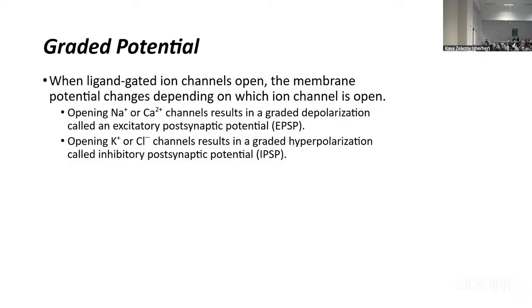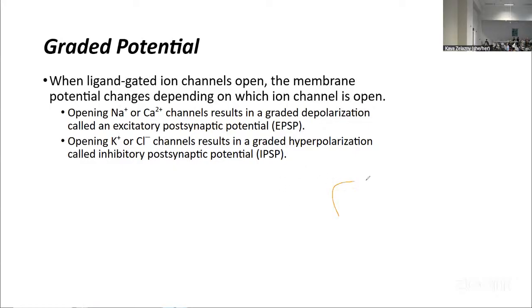Okay. So imagine we've got our ionotropic receptor. It just opens when we have a neurotransmitter bind on. Exactly what happens to that postsynaptic cell is going to depend on what that channel's for. So if we have a channel opening for sodium or calcium, we know that those have the same directional setup.